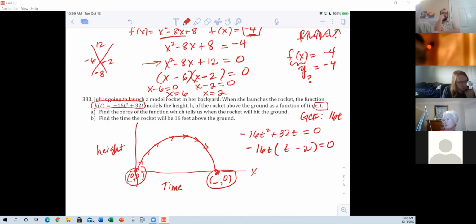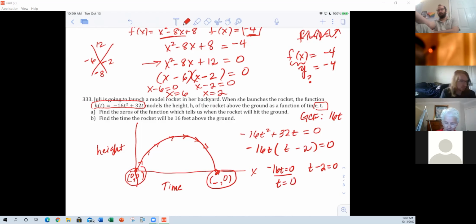And now what do I do? You set them both equal to 0. Right. So I'm going to say negative 16t equals 0, and t minus 2 equals 0. And so t on this first one would be equal to what? 0.